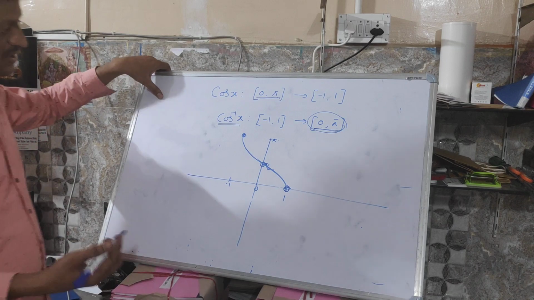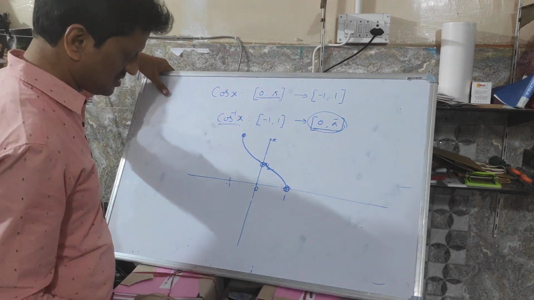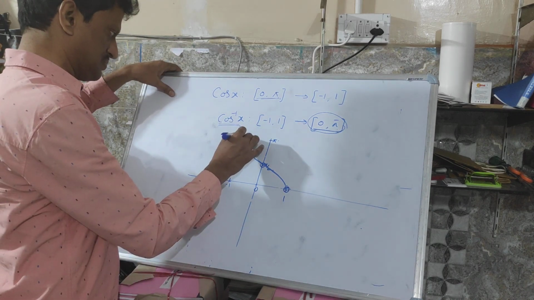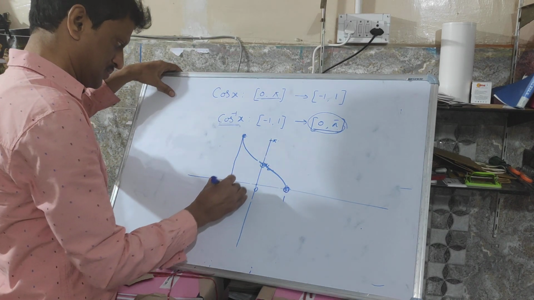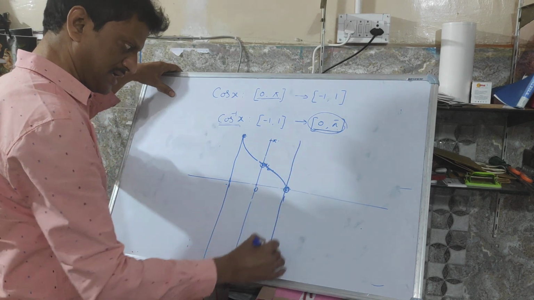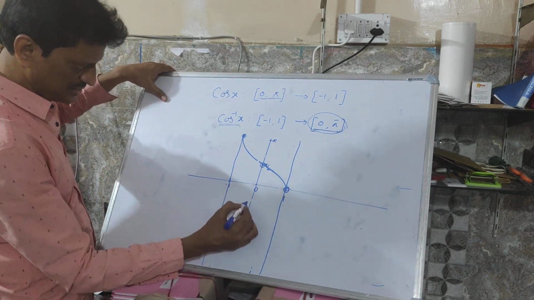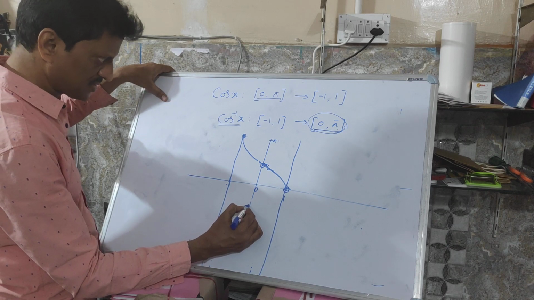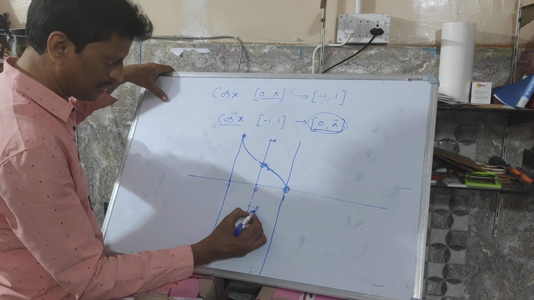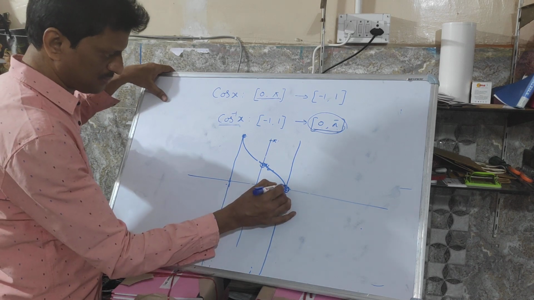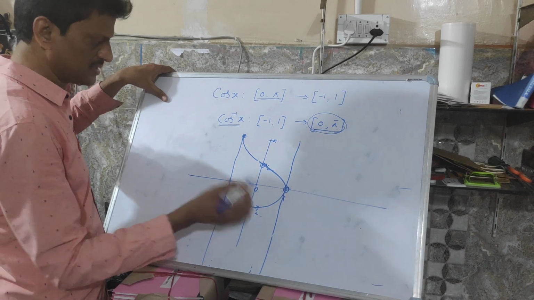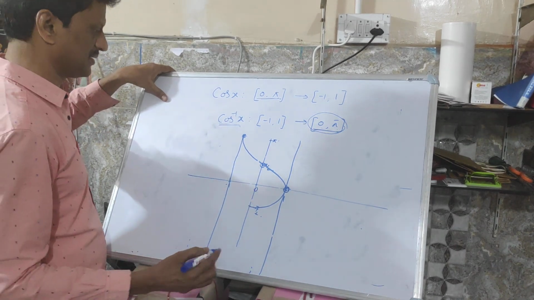If you continue for other branches or non-principal ranges, at -1 I am drawing a vertical line, and at +1 also a vertical line. If you continue this graph for other ranges, minus pi by 2, it is the same as the horizontal function. The only thing is we have interchanged x and y.